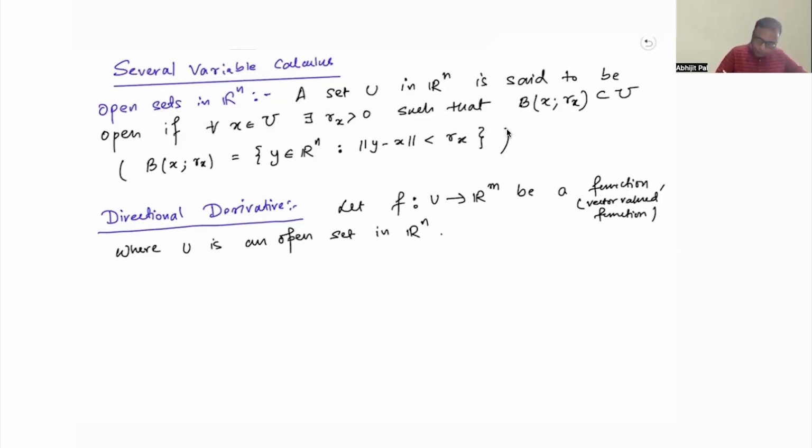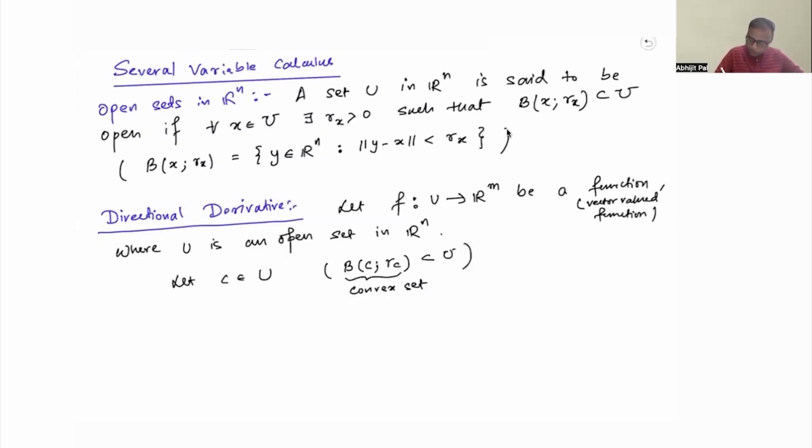Now let us take a point C belonging to U. This U is an open set, therefore I can get hold of a ball of radius RC around C such that the whole ball is contained in U. In fact it is a convex set, meaning that if I take any two points in the set, the line joining these two points is contained in this ball.